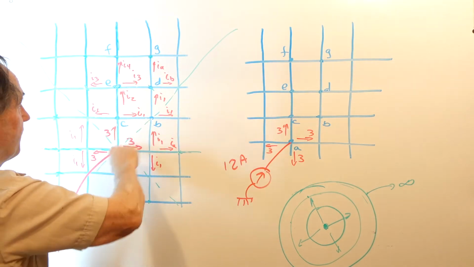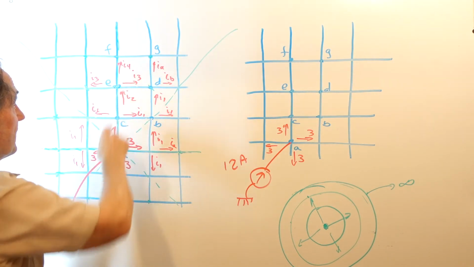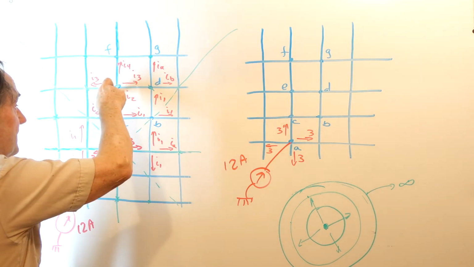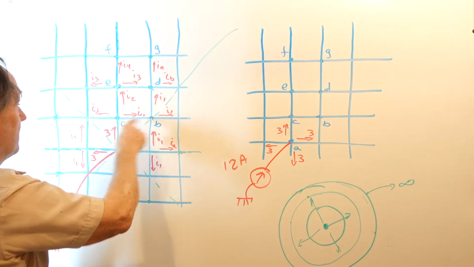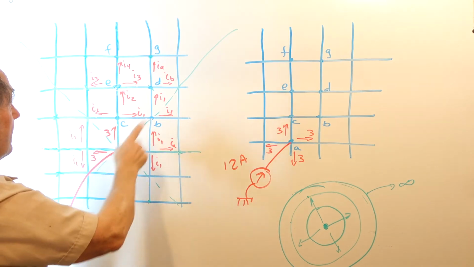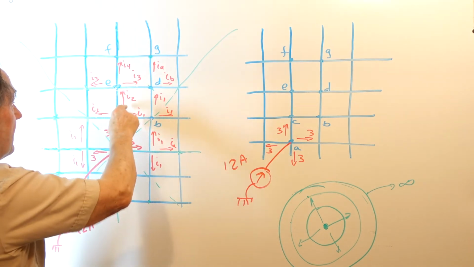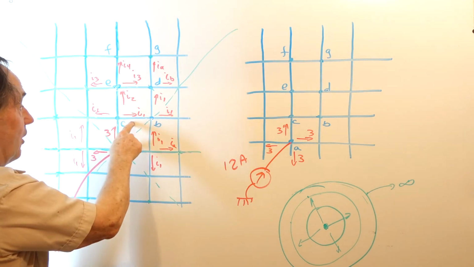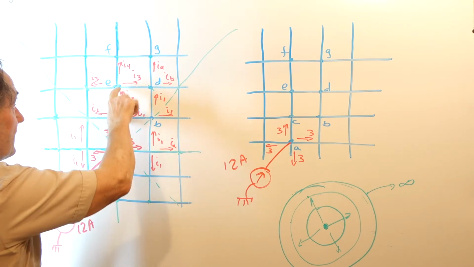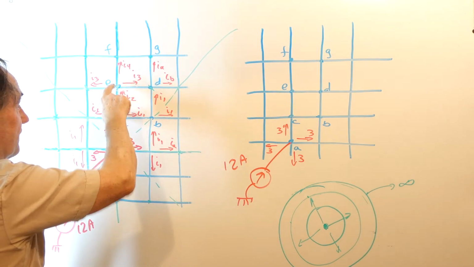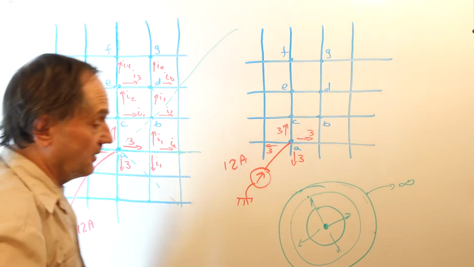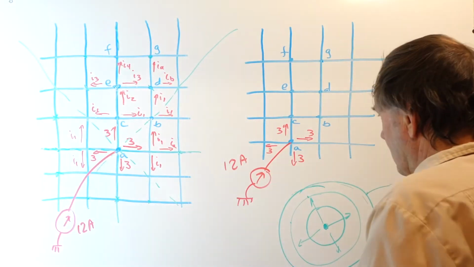This is 1.4 grid lines. This is 2 grid lines. So this potential cannot be the same as the potential here or the potential here. That being the case, I2 cannot equal I1, because the potential difference here is different than the potential difference here. And I'll show you that now.